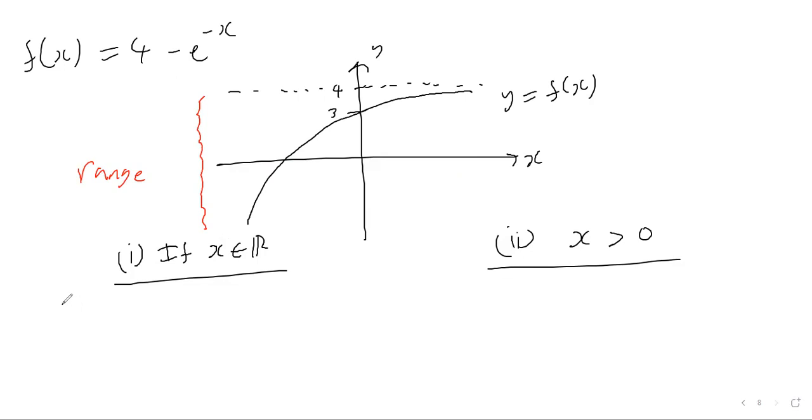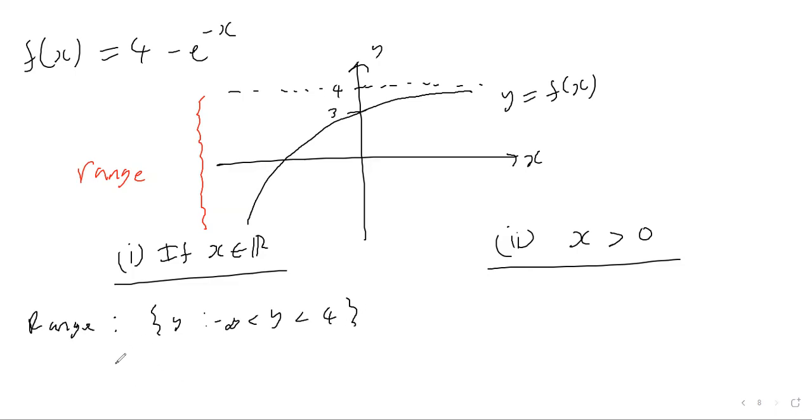So the range is the set. Let me just make a note of this. The range is the set of y values such that y is between minus infinity and positive 4.